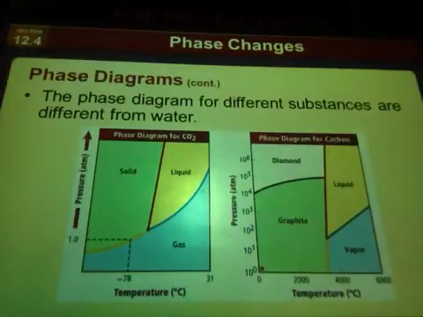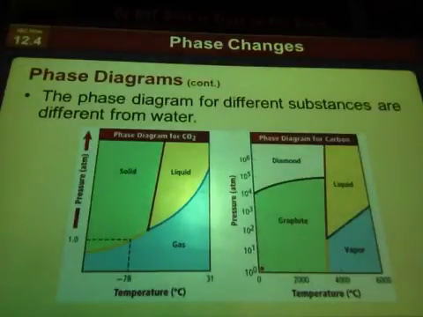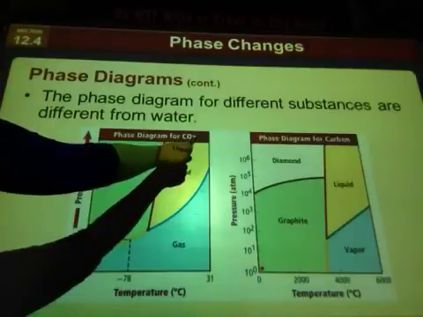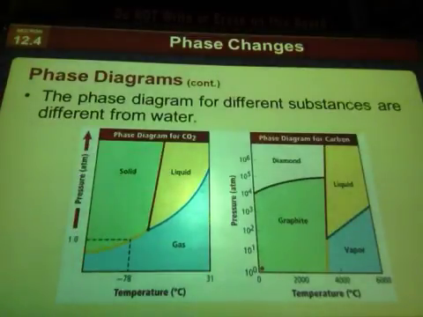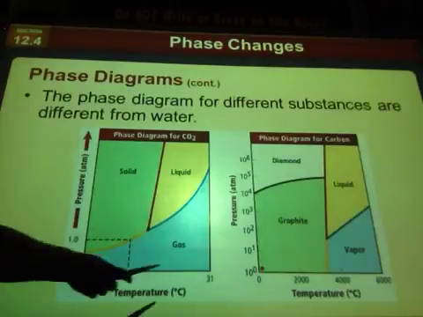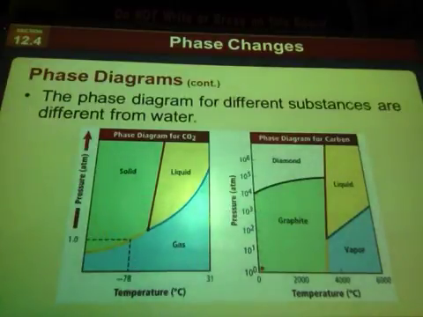However, phase diagrams supply the same type of data, because we're always going to be able to determine, based on pressure and temperature, whether, for example, carbon dioxide is going to act like a gas, a solid, or a liquid. I can look at the same thing for carbon. So Monday in class, I'm going to give you a few examples of phase diagrams so that we can read some of these together, okay?